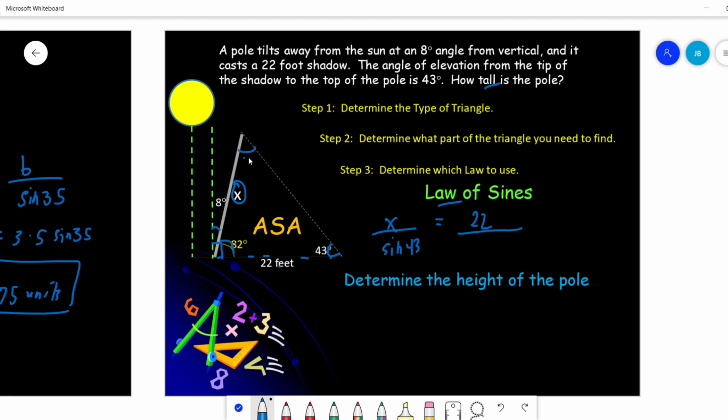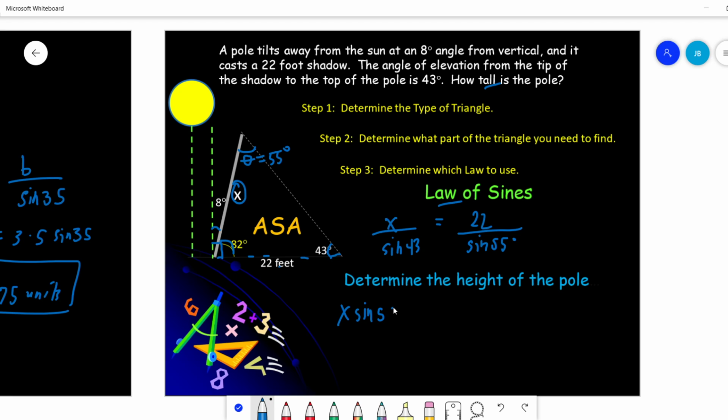We do not know what angle this is yet, so we subtract from 180: 180 minus 43 plus 82. So this angle is 55 degrees. So 22 over sine 55 degrees. Now we can get x.